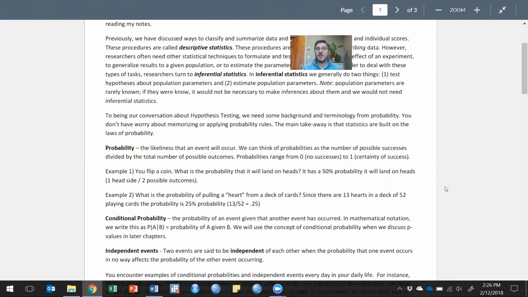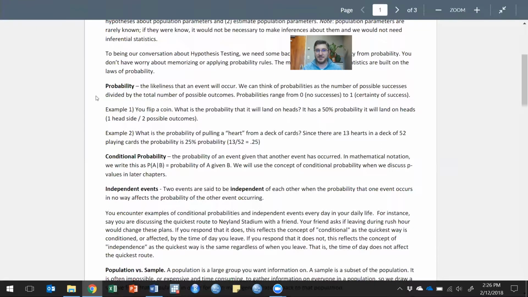A couple of concepts to keep in mind: statistics are built on the laws of probability. Statistical inference is based on probabilities. I'm not going to go into a lot of detail about probability.